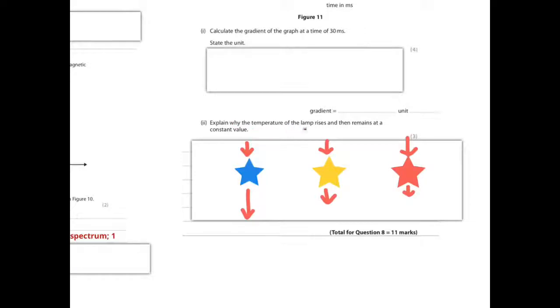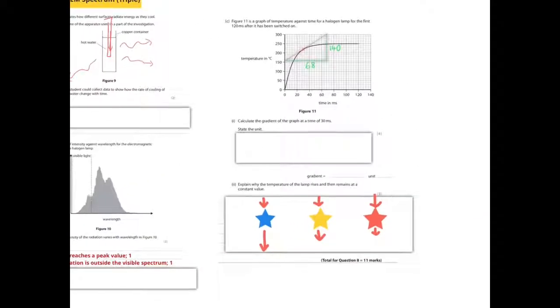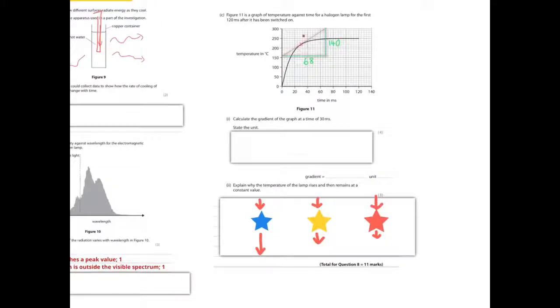Explain why the temperature of the lamp rises and then remains at a constant value. So if you look here, you can see it's rising and then leveling off. So when something is increasing in temperature, basically what's happening is the rate at which energy is being supplied to an object is greater than the rate at which energy is being emitted from an object.